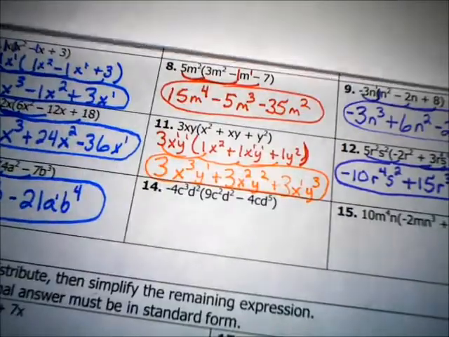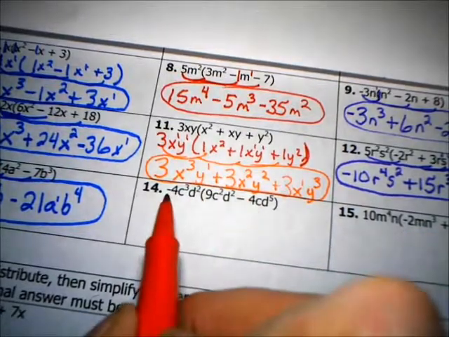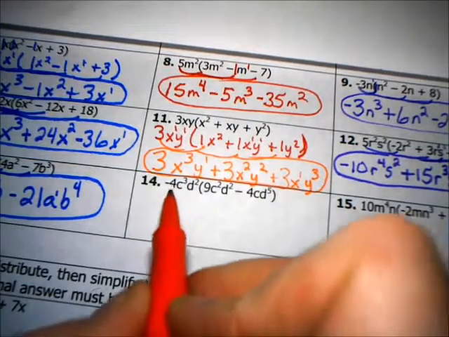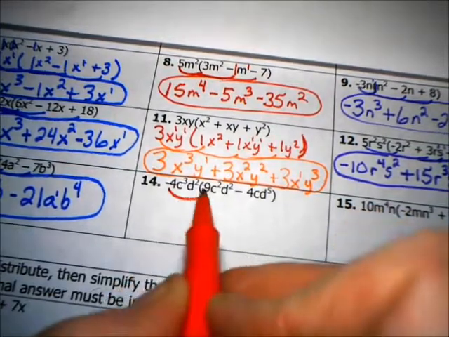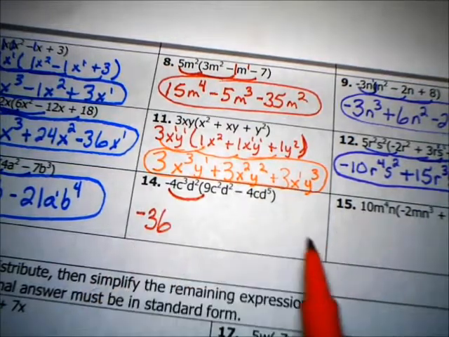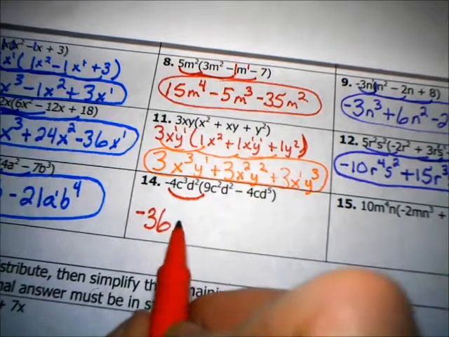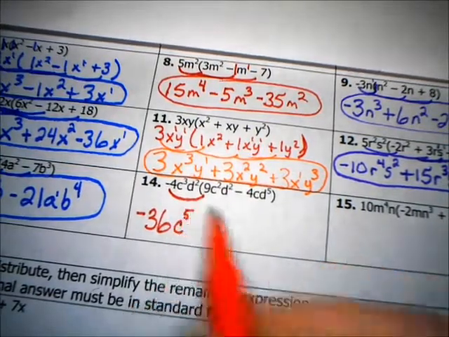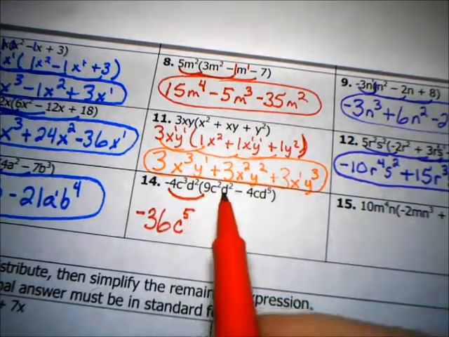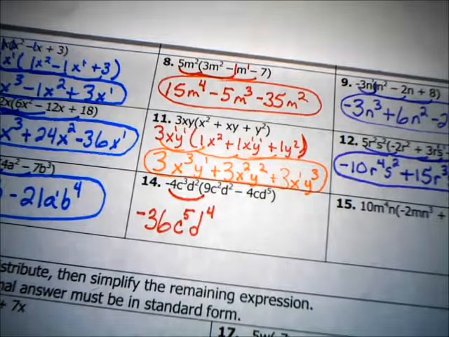On 14, we have c's and d's. We have coefficients, but now they lead with a negative, so this is where my signs I've got to be careful. Negative 4 times 9 is a negative 36. And now the c's. There's 3 and 2 give you a total of 5 c's. And then look at your d's. I have d² and d² give you d to the 4th power.